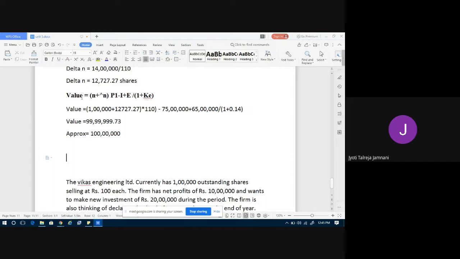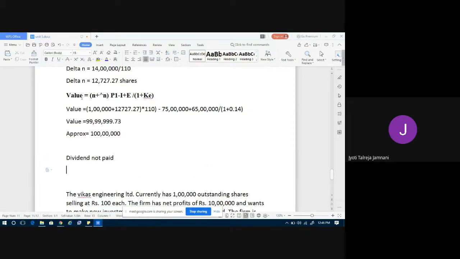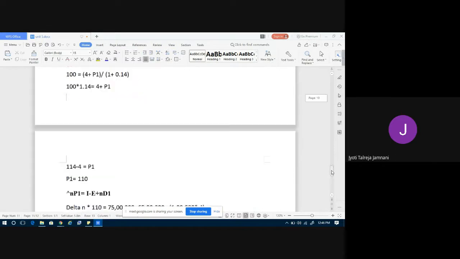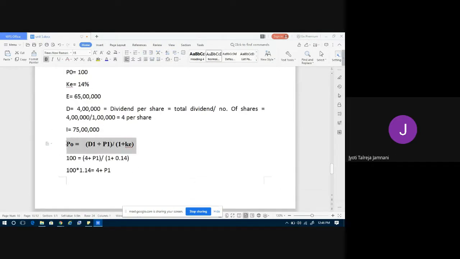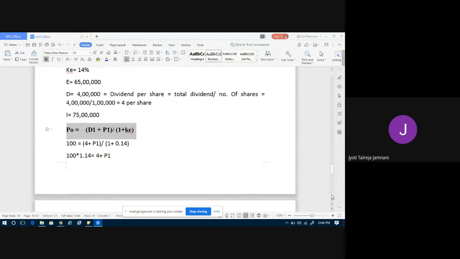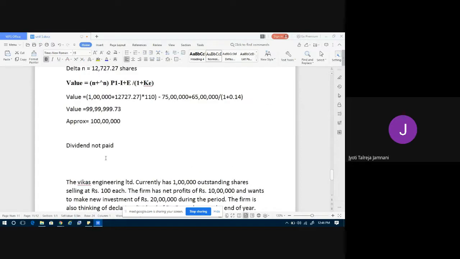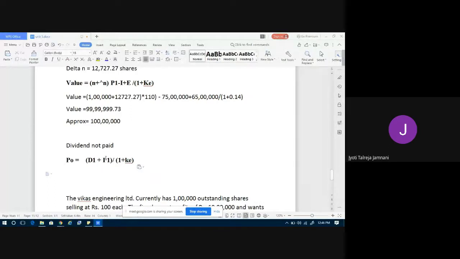Now we'll do the case where dividend is not paid. P naught is 100, equal to D1, the dividend, plus P1, divided by 1 plus KE.